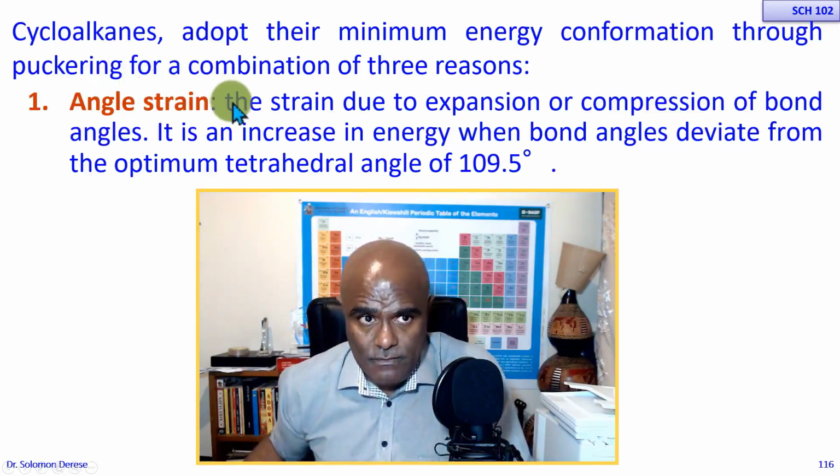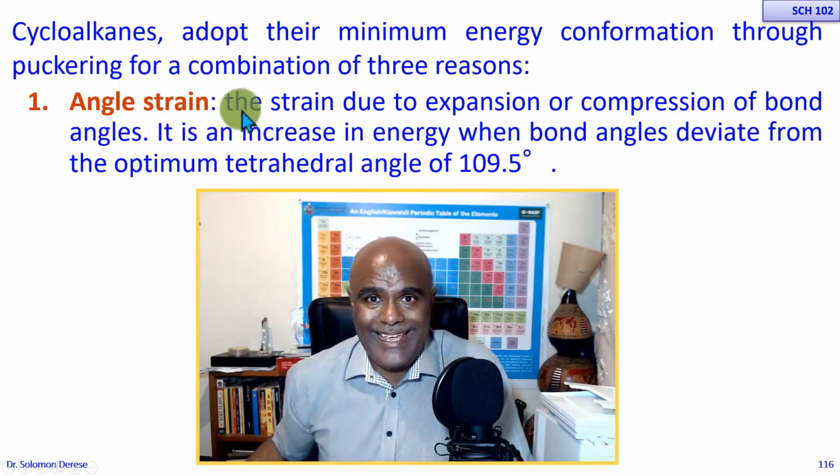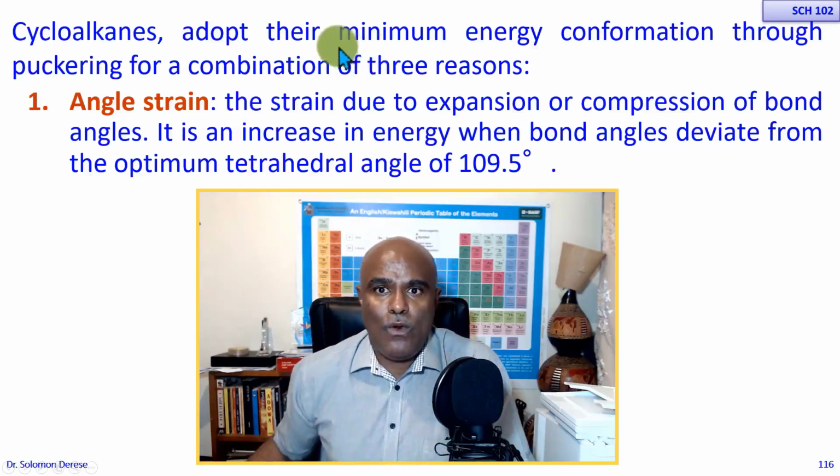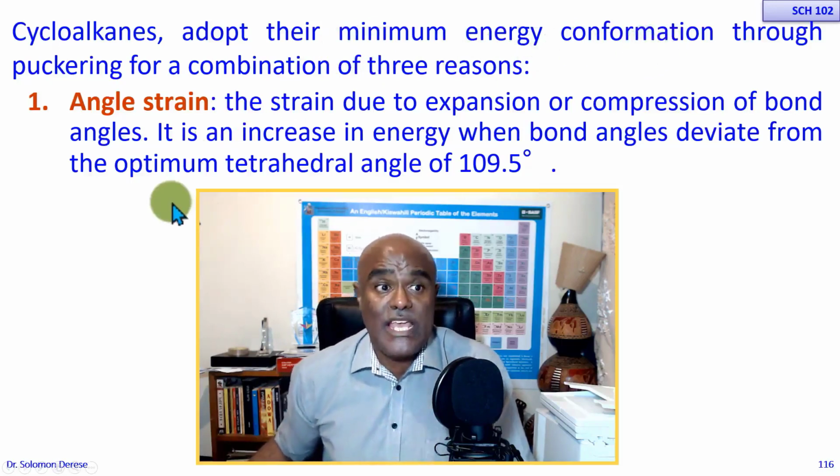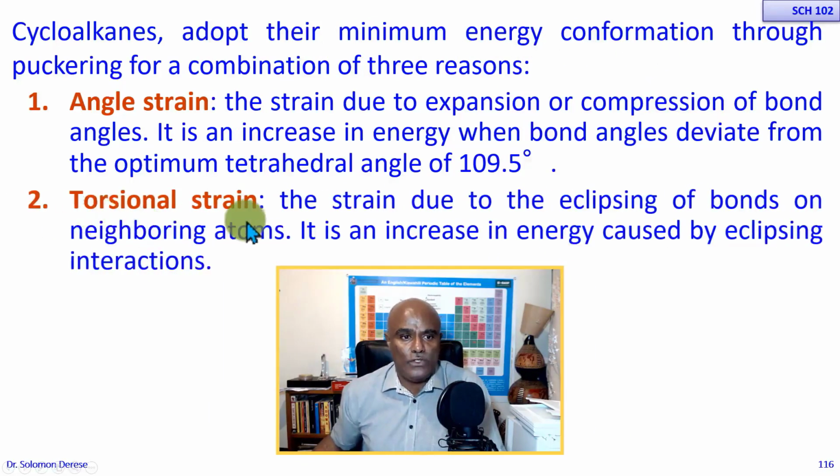The other reason cycloalkanes will undergo conformational changes or adopt their minimum energy conformation is to get rid of torsional strain. So torsional strain is the strain due to the eclipsing of bonds on neighboring atoms.